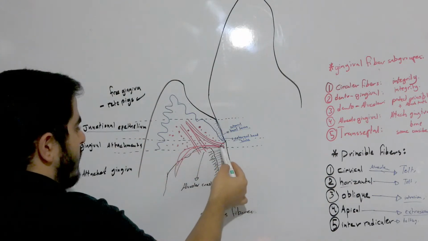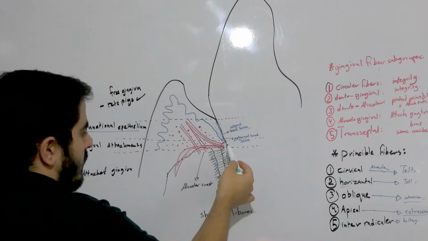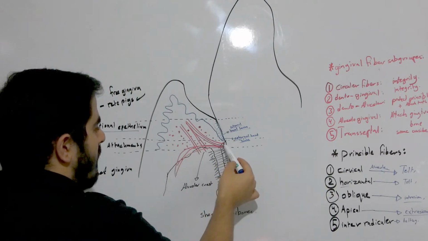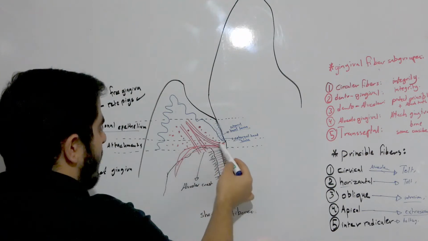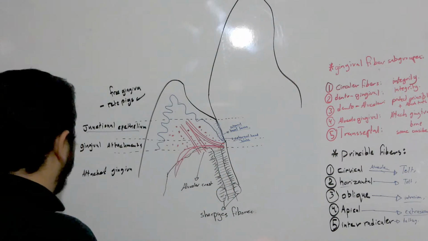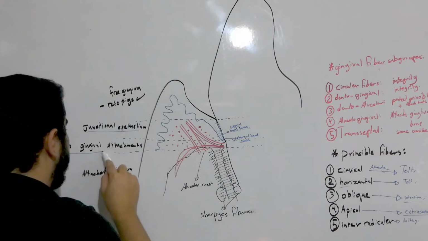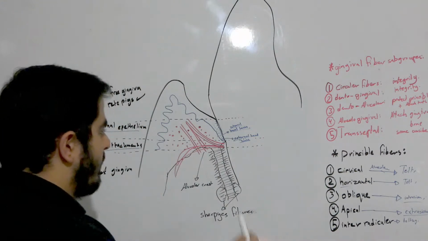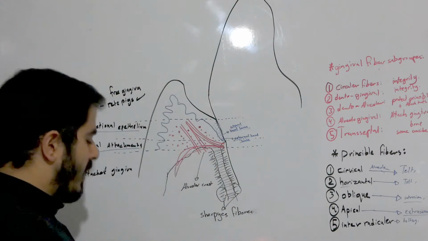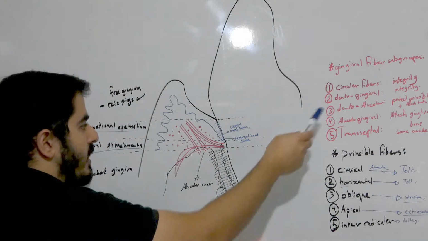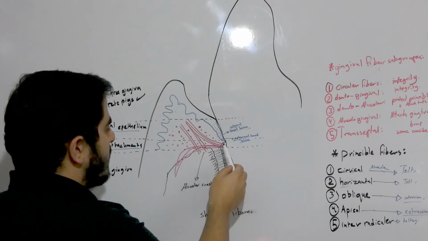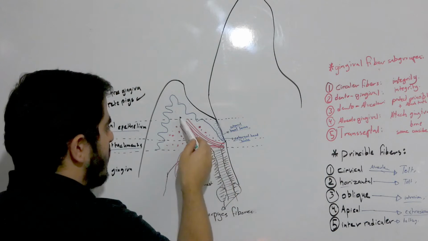Beneath it we have this part above the alveolar crest, and we have fibers that attach from the cementum to the gingiva and the alveolar bone. This layer is called the fibrous gingival attachment. We have 5 subgroups of fibers. I wrote them here. We have fibers that go from the cementum into the gingiva.